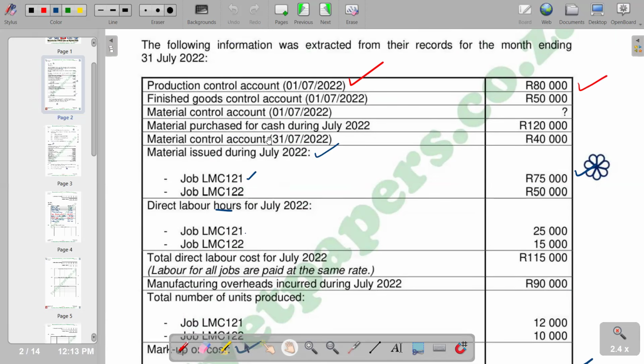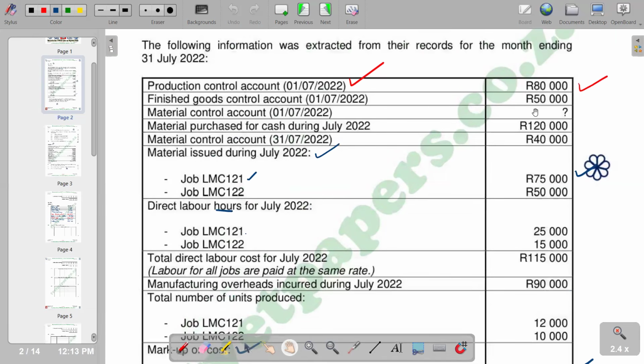whereby we are given the production control 80,000, which we have already used in the preparation of the job cost statement of job LMC 121. And then we also have material control. It's a question mark. Question mark means we're going to find it as a balancing figure, so we can leave that one.